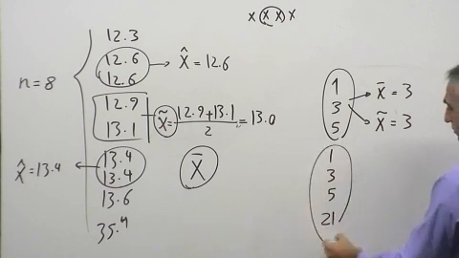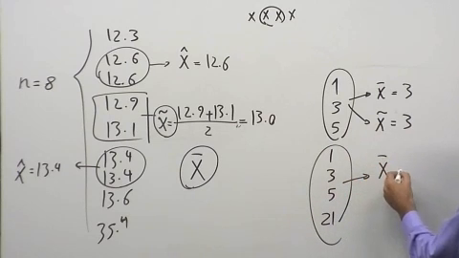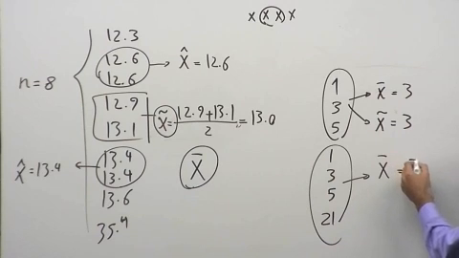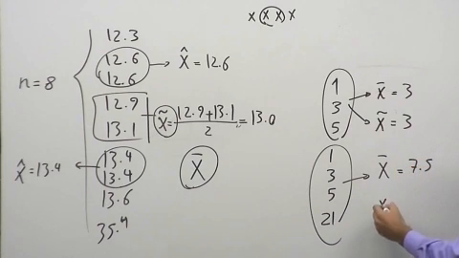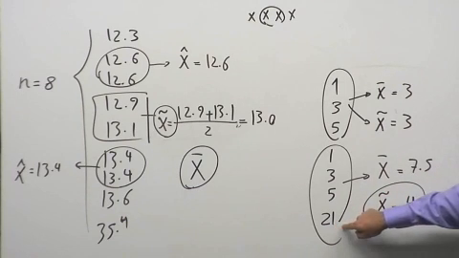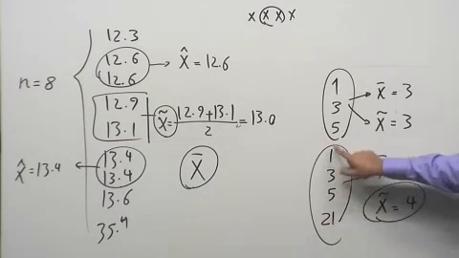Then what happens here? What is X bar? It is 7.5. And what is X tilde? It is 4. You can see your median is robust to outliers.